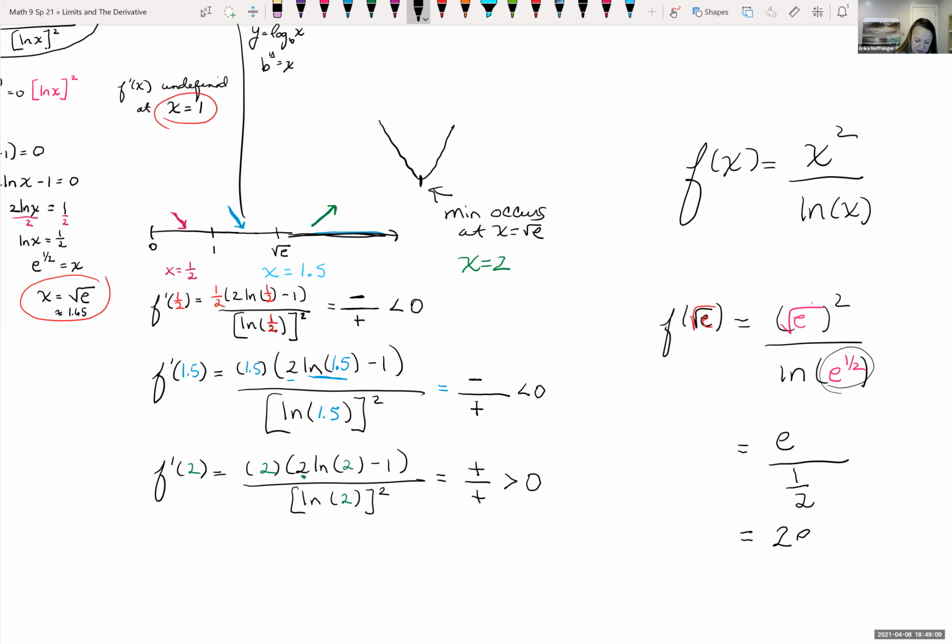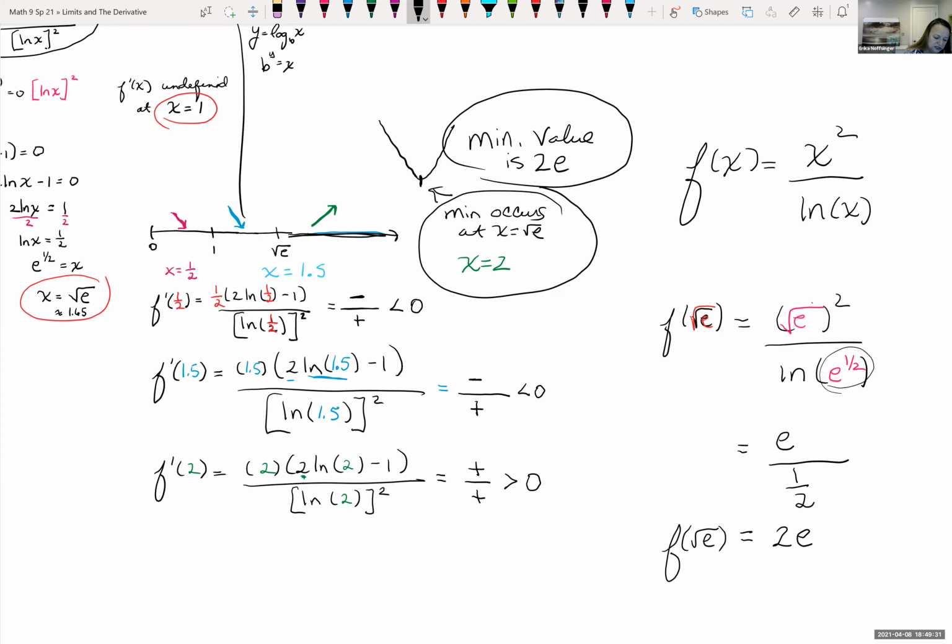So this is really just 2e. So our minimum value is 2e. And it occurs when x is square root of e.